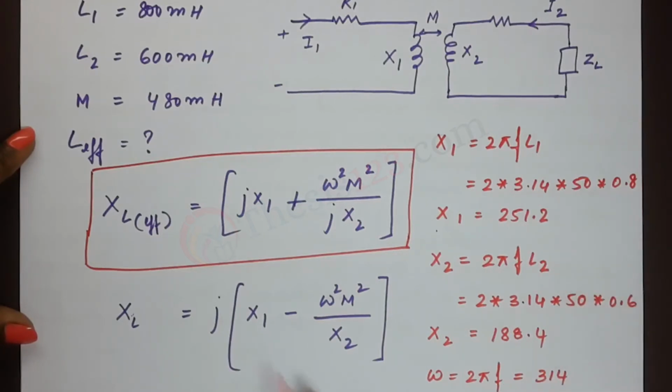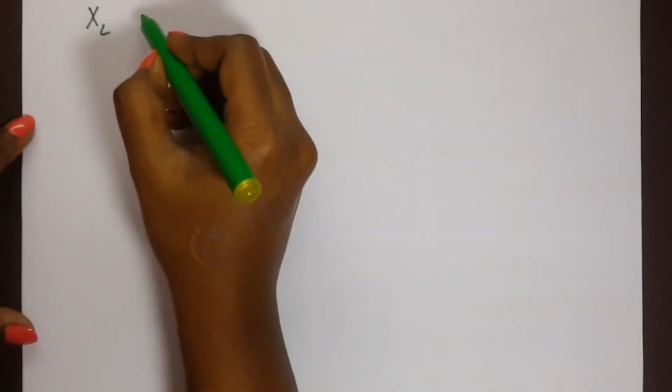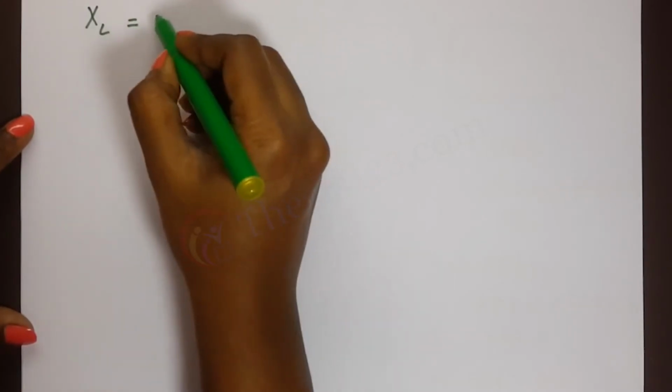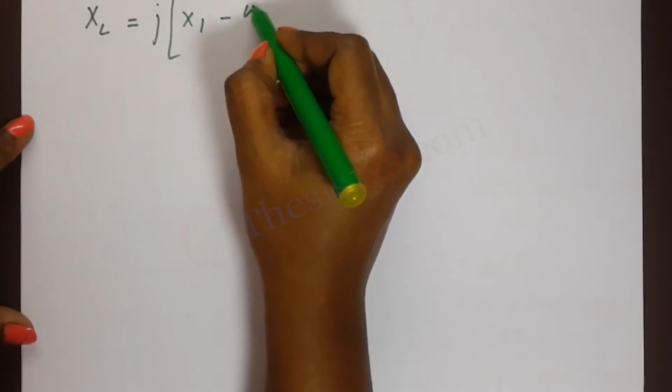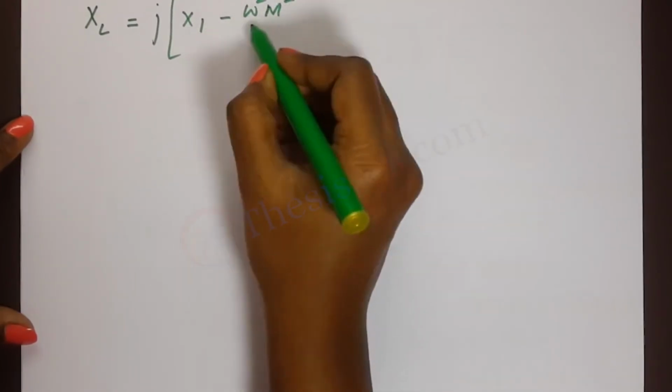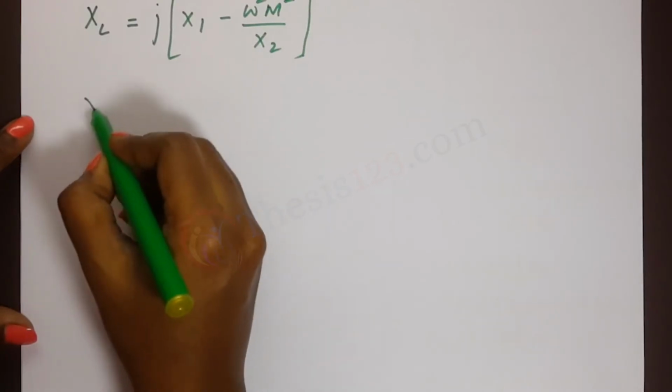So let's substitute all of these values into this formula here. I'll note that down for you. Okay, so we have XL, the effective inductive reactance, is equal to j into X1 minus omega square M square divided by X2. Let's substitute the values.